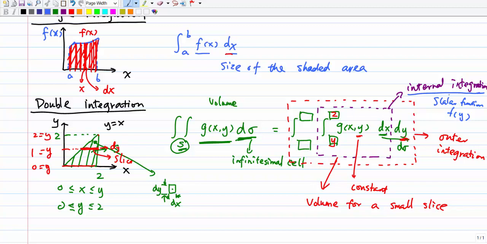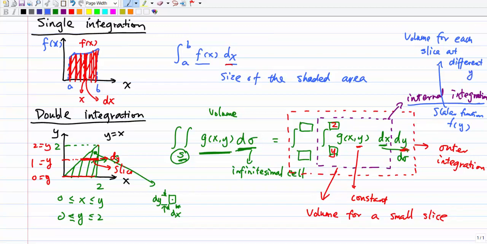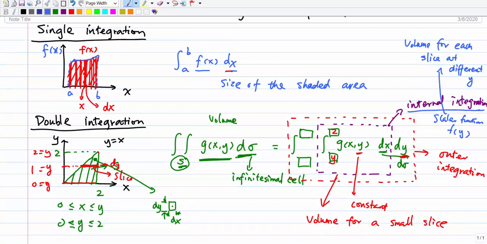So this scalar function is the volume for each slice at different y. If this is my f(y), it's just the volume of water I calculate at a different point, at a different y.